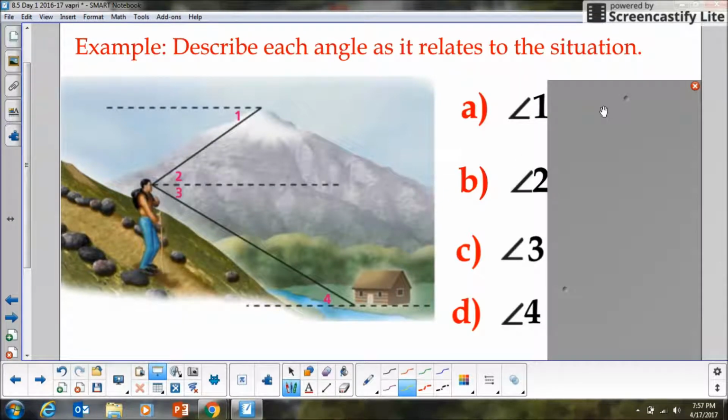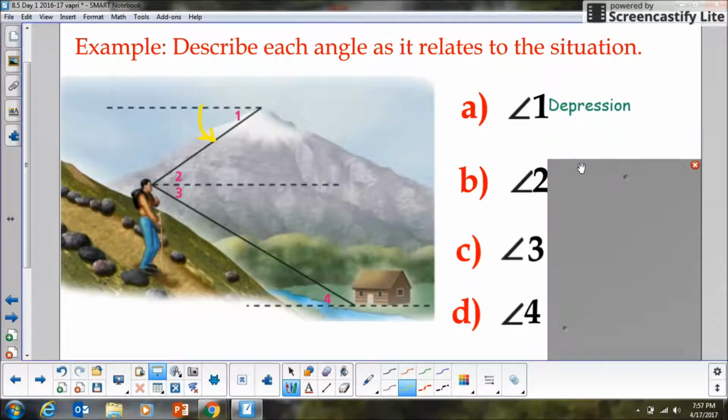The first one, you are right, it is the angle of depression because you're looking down from the horizontal line. Angle 2, you're right, it is the angle of elevation. The gentleman with the backpack is looking up.